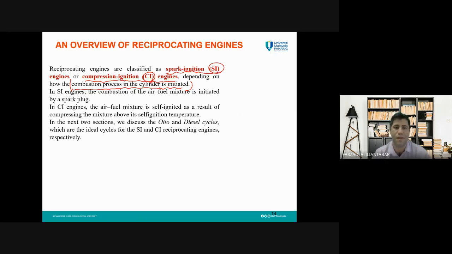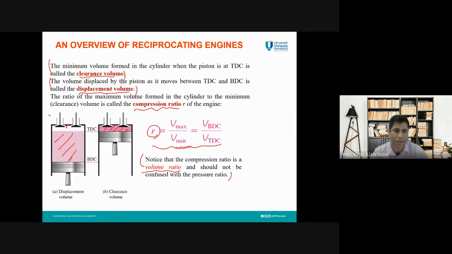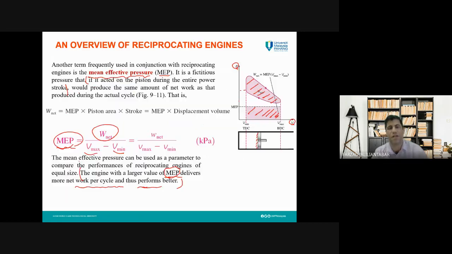In this type of engine, the combustion of the air-fuel mixture is initiated by a spark plug. First of all, air and fuel, both of them together, will come to the cylinder.